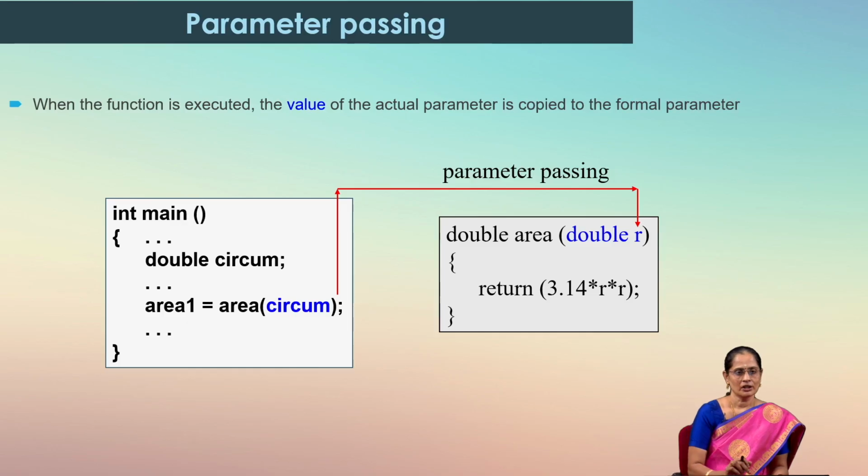So, let us take an example. In this example, I would like to calculate the area of the circle by taking the radius as input. Here in the main function we are declaring a variable called circum, which is to be supplied as an argument to the function. Before going on to the main function, let us focus on the user defined function.